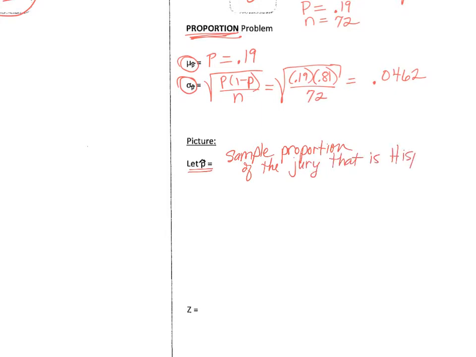And let's talk about what number we got in our sample. If you go look at the wording of this problem, what sample did they get? 9. Good. They got 9 out of 72, which is 0.125. Okay, so are you following most of that so far?